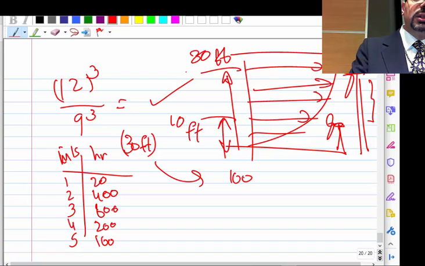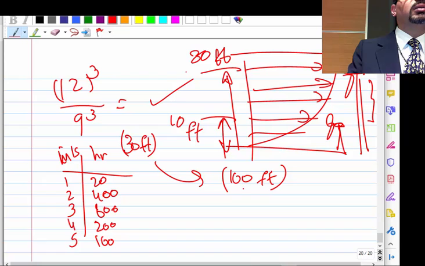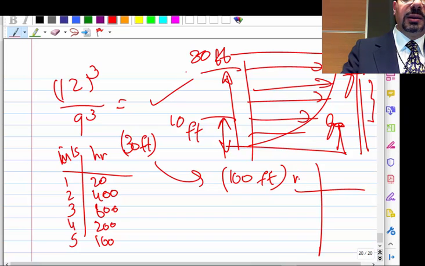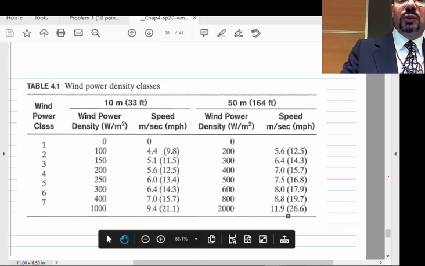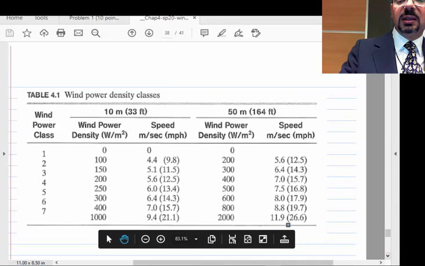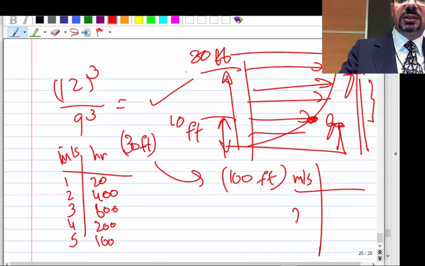And then if I want to go to 100 feet, where the turbine will be installed, how does this table look? Will I get the same velocity as what I'm getting at the lower height? No, it will be a different velocity, right? Those velocities will be higher. So we need to understand how to calculate this velocity.